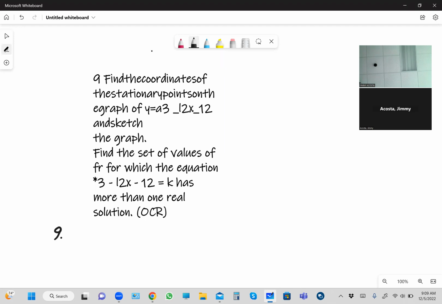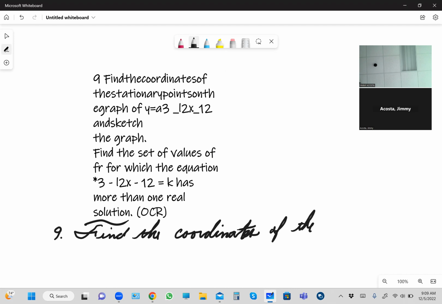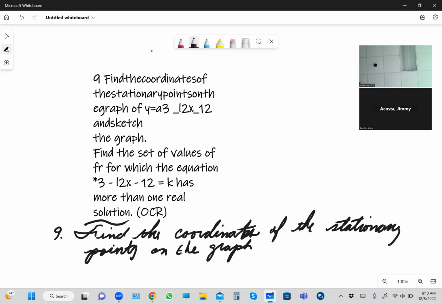It says here, find the coordinates of the stationary points on the graph of, and I'm not sure what it says there.